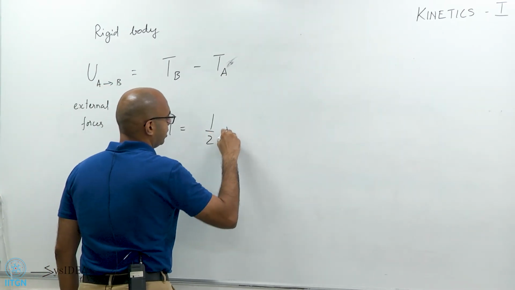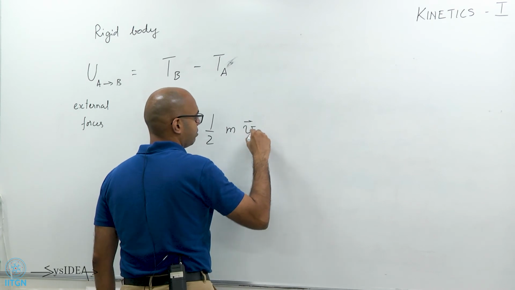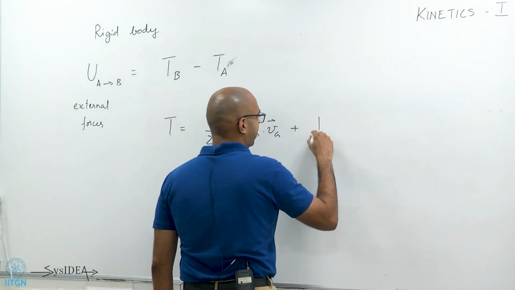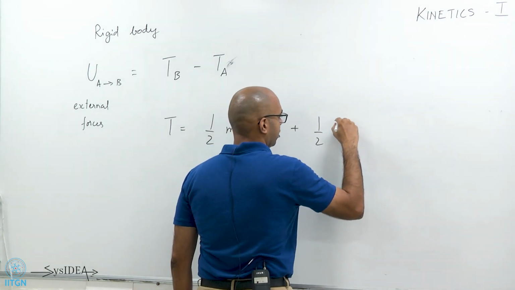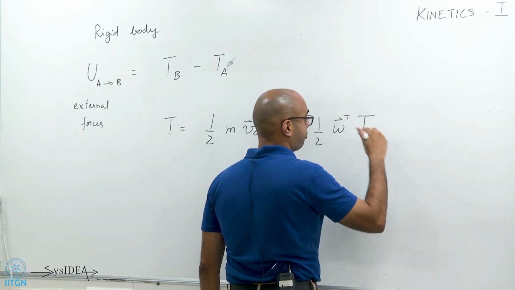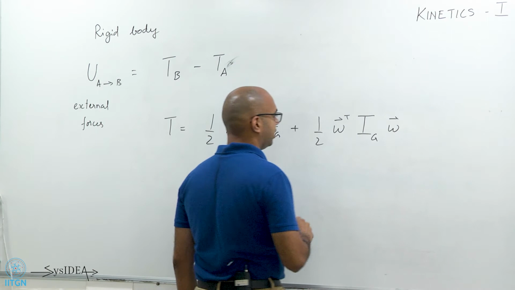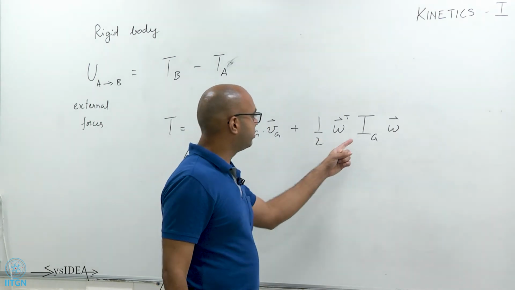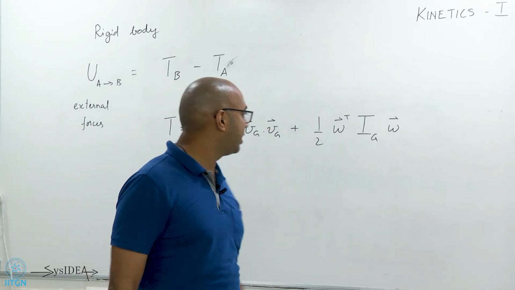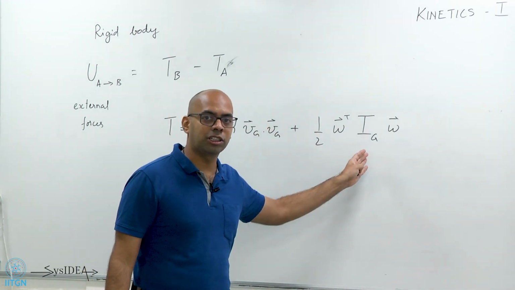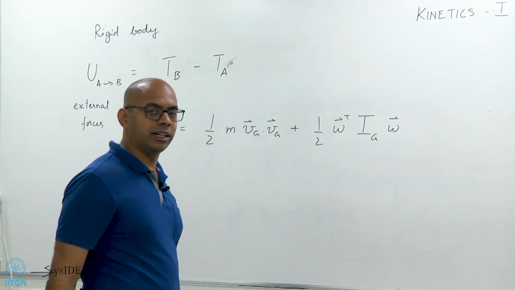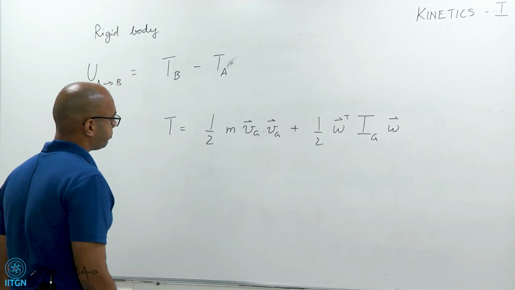The first is the total mass times the velocity of the center of gravity squared, plus the second term, which is the rotational kinetic energy, where I get half I omega squared essentially, but I really have to write it in a vector form. And this is the moment of inertia about the center of gravity. This is a tensor. We haven't talked about it yet. We will talk about it later in one of the subsequent concept capsules.